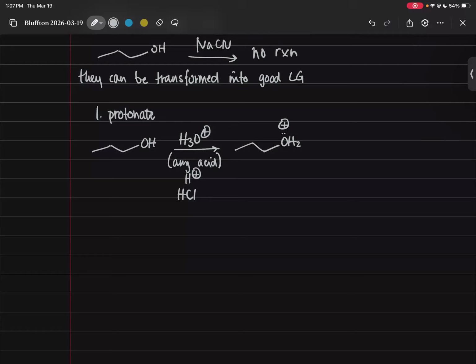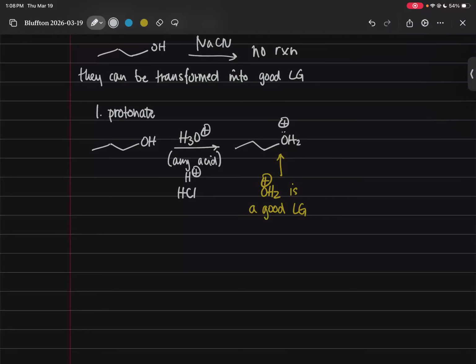Okay. So now this is a good leaving group. Okay, we call it water. I know it's positively charged and water is not positively charged, but after it leaves, it will become water.